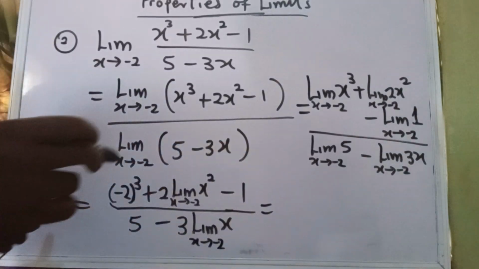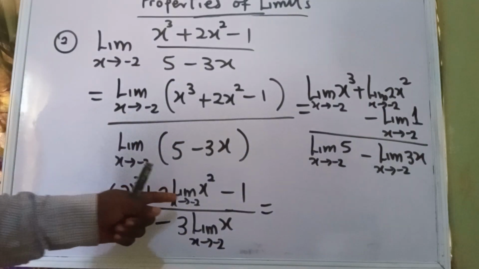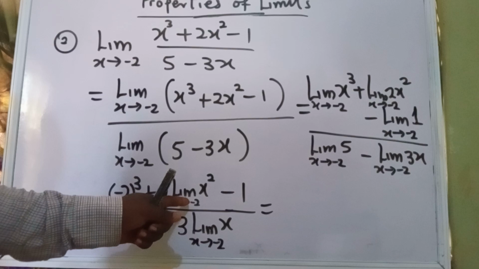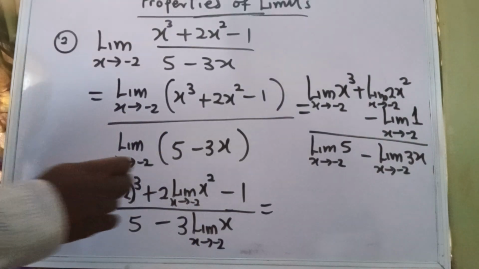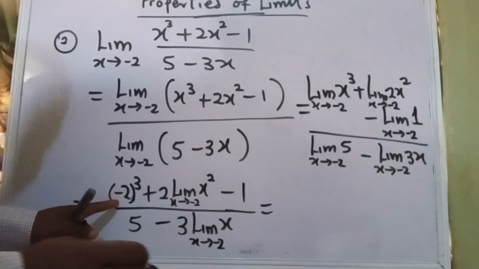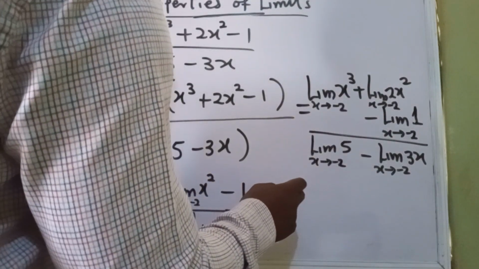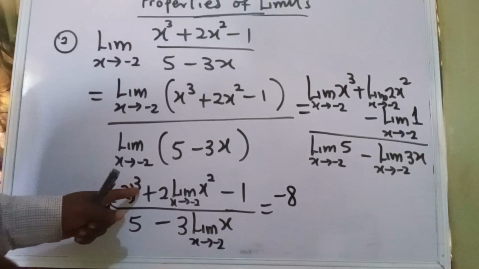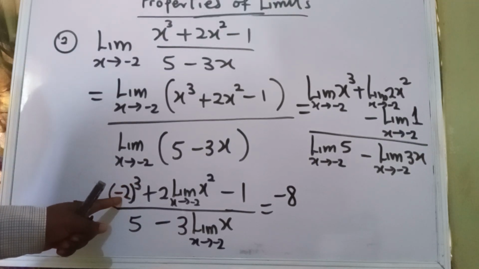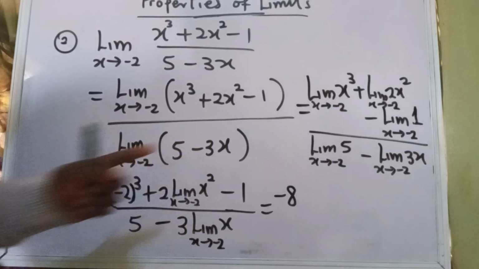Okay. So finally, we now apply our special limit in items 8, 9, or 10 there, to this and this. So we can compute this directly to have minus 8, since the power here is odd, so negative 2 raised to the power of 3 will be that.